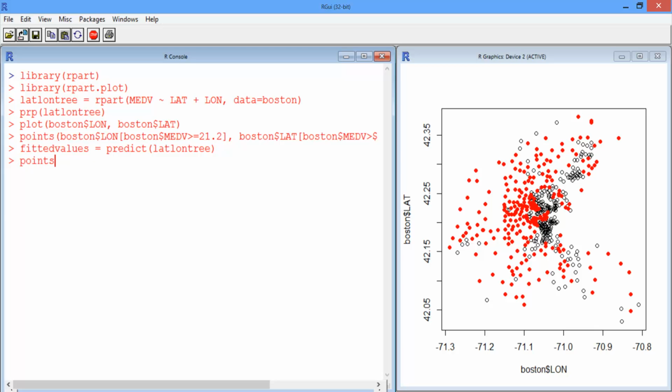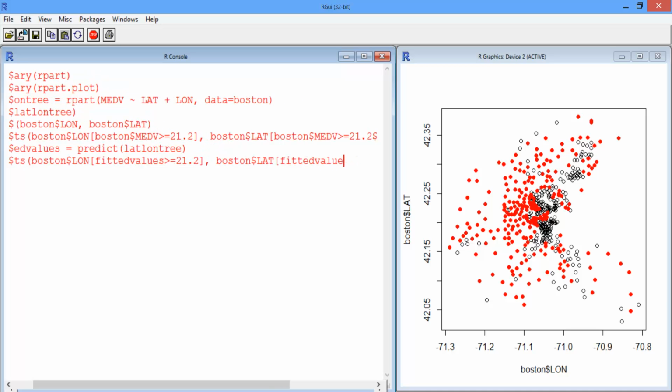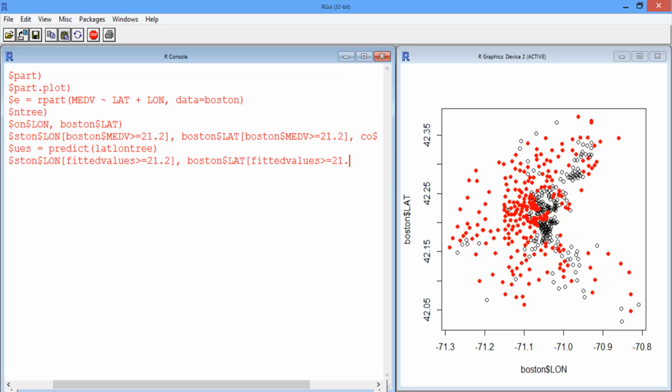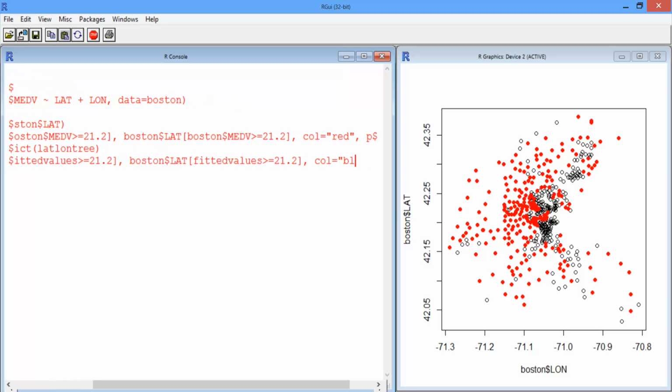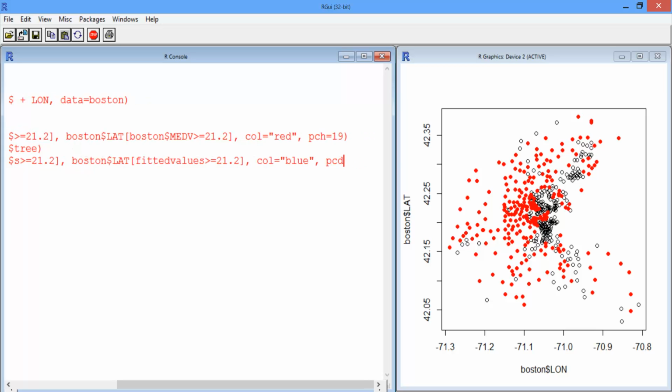And we can do another points command just like we did before. The fitted values are greater than 21.2. The color is blue, and the character is a $ sign.